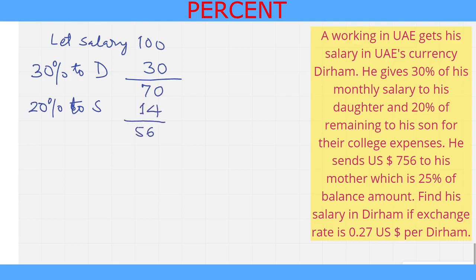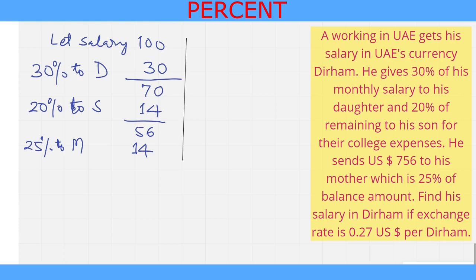Again he gives 25% of this balance to his mother. So we calculate 25% of 56. 25% is 1/4 of 56 and 1/4 of 56 is again 14. This 14 out of 100 is 14% and the 14% is equivalent to $756.